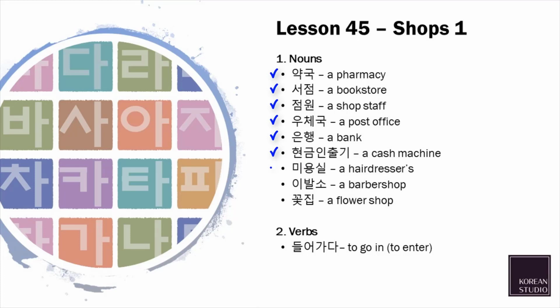Hairdressers in Korean is 미용실, and both men and women go to 미용실 in Korea. And a barber in Korean is 이발소. The final shop name we learned was the flower shop, which in Korean is 꽃집. To talk about going in the shops, we can use the verb 들어가다, which means to enter.